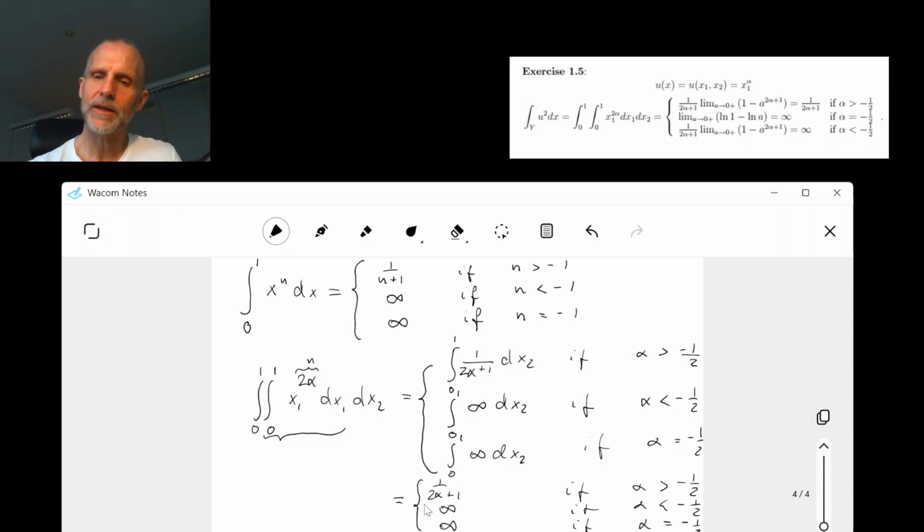So this answers our question directly. The only case when this function u equal to x to the power alpha is a Lebesgue function, is an L2 function, is when alpha is larger than -1/2.